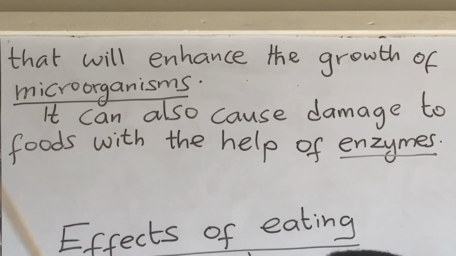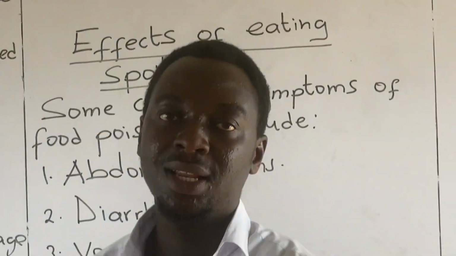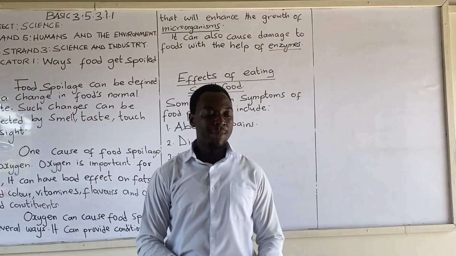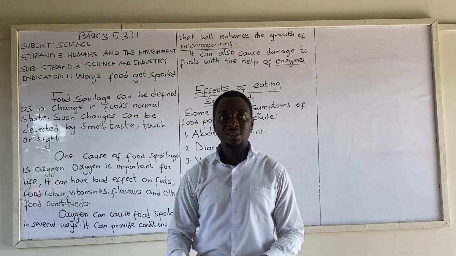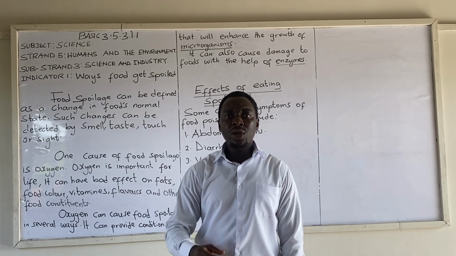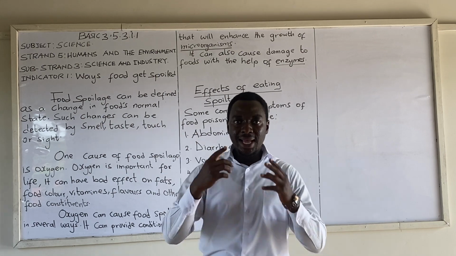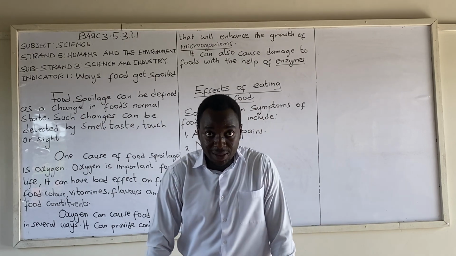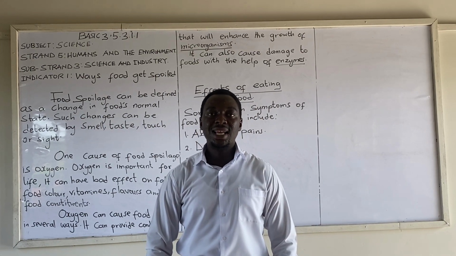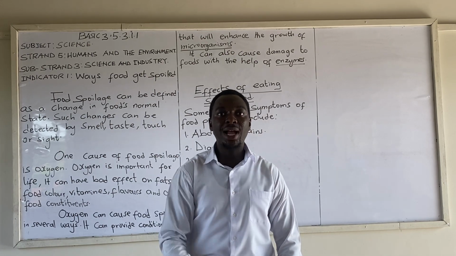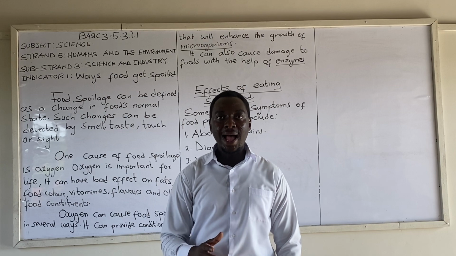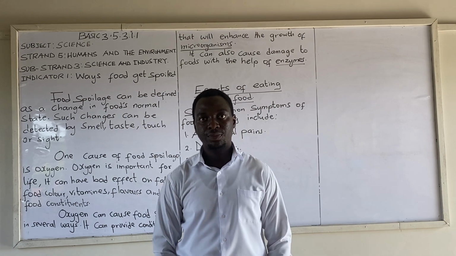Let's briefly explain microorganisms. Microorganisms are organisms or living things that we do not see with our naked eyes unless we use a machine. An example of a machine that we can use to look at microorganisms is the microscope.